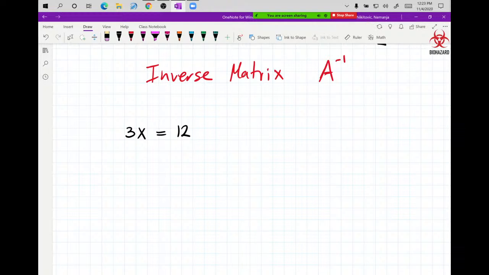That is achieved in this problem by multiplying by the inverse of 3, which is 1/3. And then that 1/3 will cancel the 3, leaving x alone, and on the other side you get 4, and then x equals 4 is the solution. Now you can go and check. 3 times 4 is 12, so we're good to go. So you use the inverse. So 3 and 1/3 are inverses of each other.